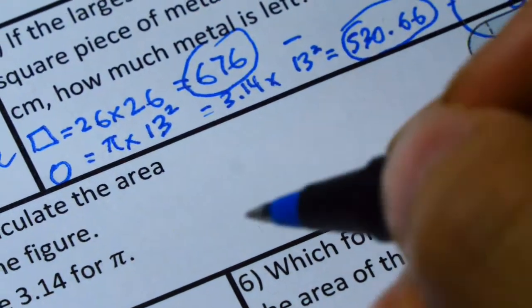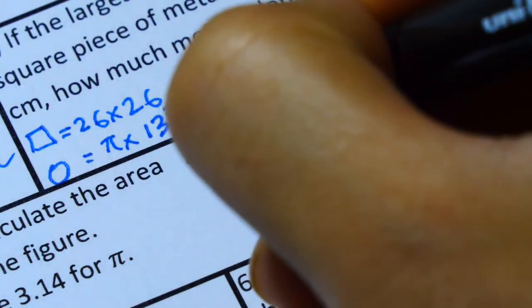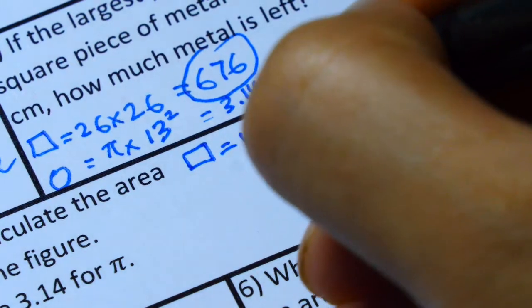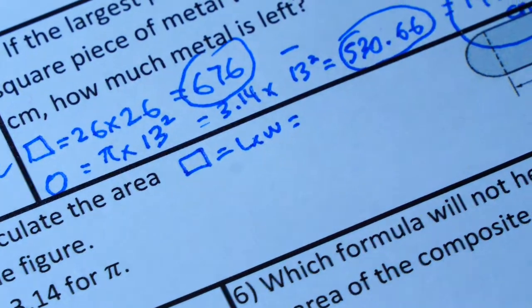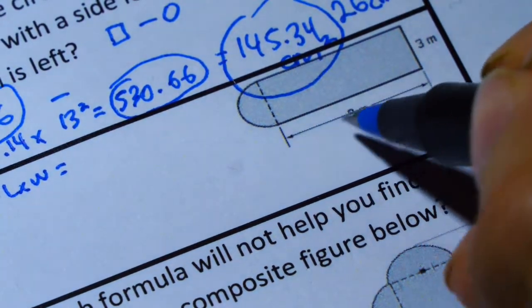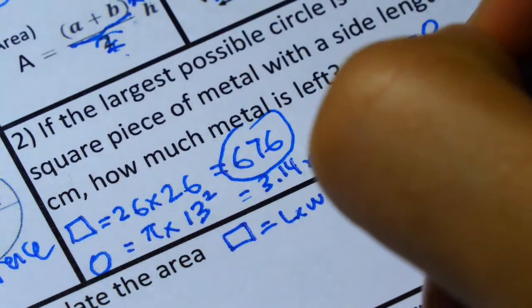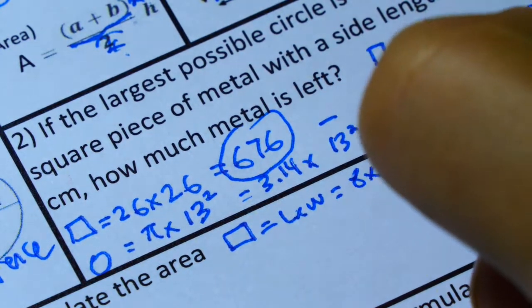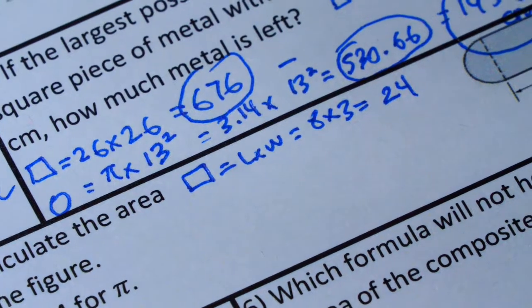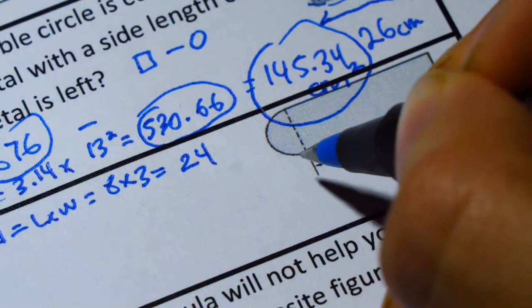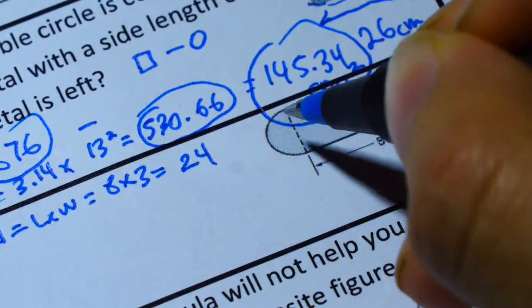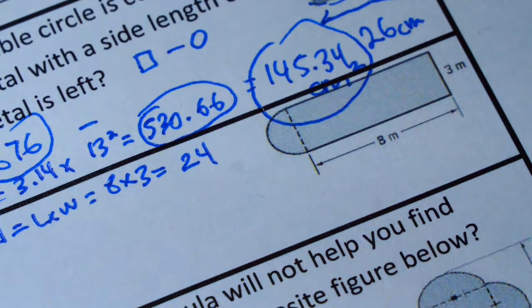Okay. So the rectangle equals length times width, which is 8 times 3, 24. Okay. Now this shape here is not a full circle, but it's half a circle. Okay.